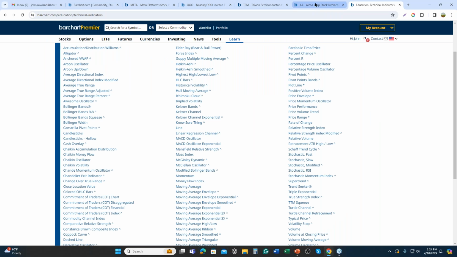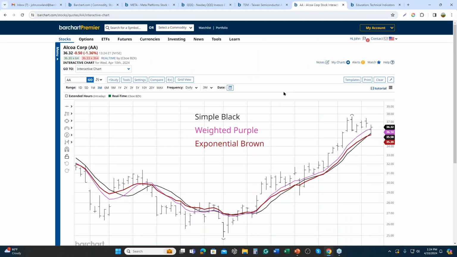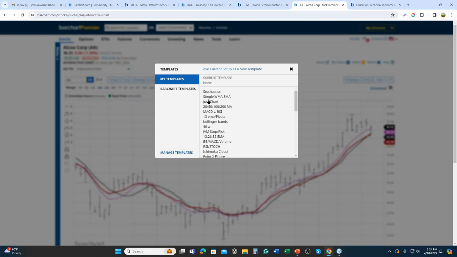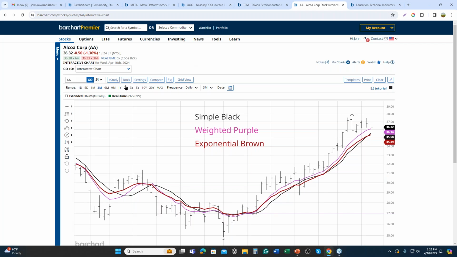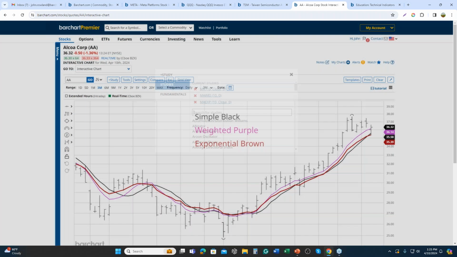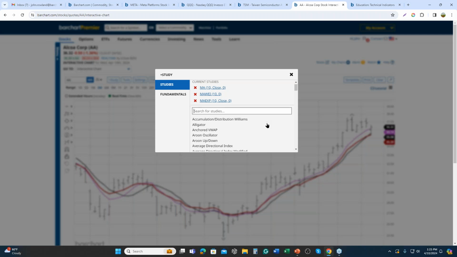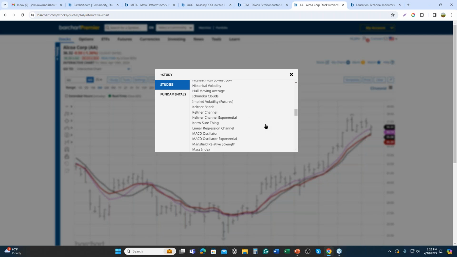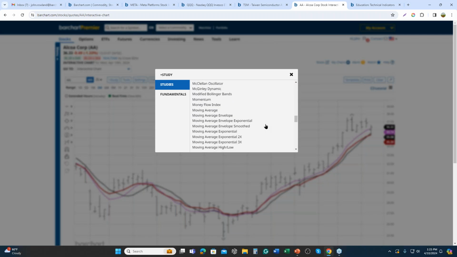So let's do this. I'm going to go to Alcoa here. I just picked this chart because I happen to know that it's been trending pretty well lately. What I did here is I created a template on my own, which is called a simple, weighted, and EMA. And if you're wondering how to find those, you go into studies, and down in here you can just type in moving averages, and there you can see where all those same moving averages are found.